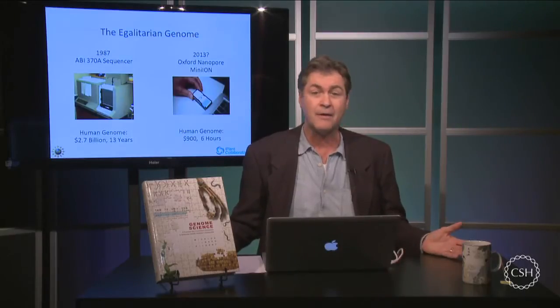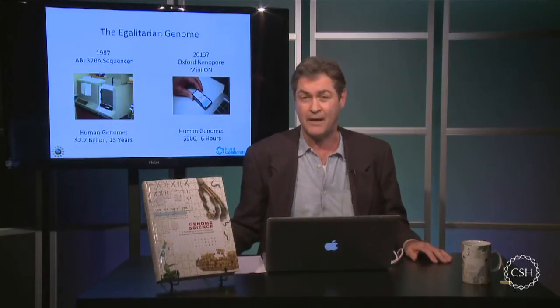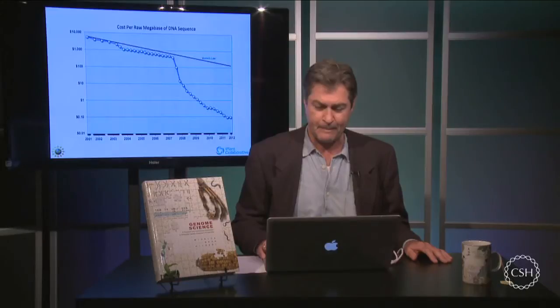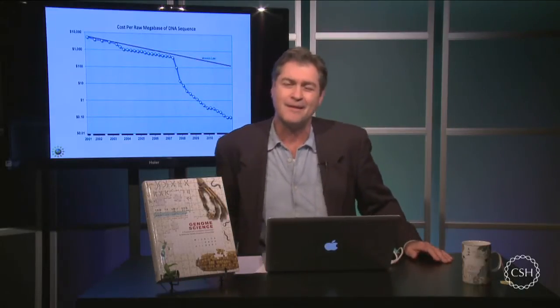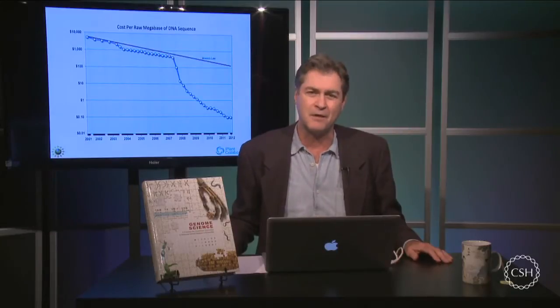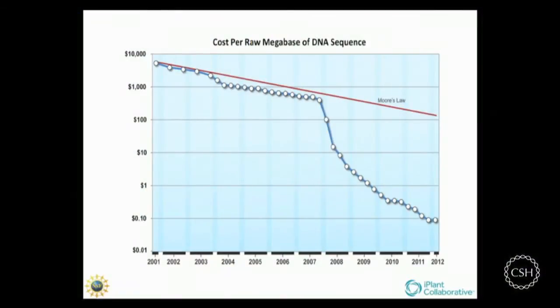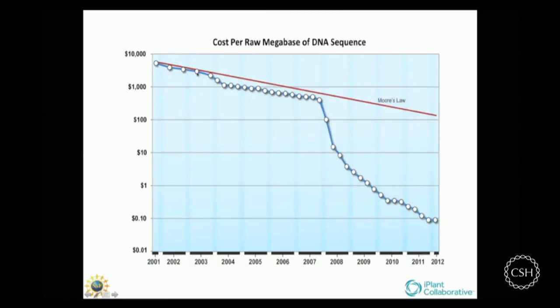So now, genomes are available to just about anyone to analyze. And if you doubt me on this, here's a graph about the lowering cost of sequencing 1 million base pairs or a megabase of DNA. And you'll see that for a long time, we followed Moore's law here, which is doubling the capability about every 16 months.